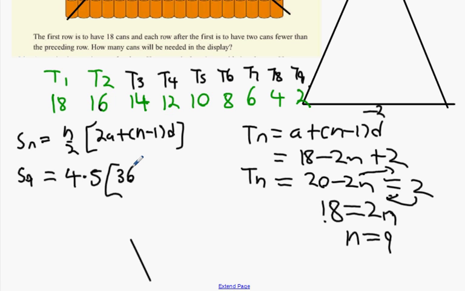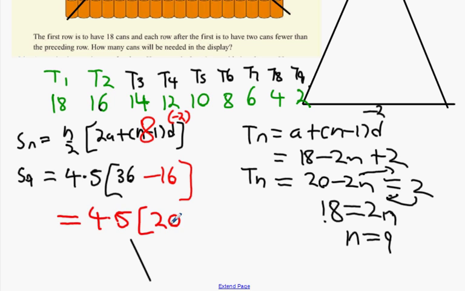What's n minus 1? n is 9, so n minus 1 is going to be 8. d is minus 2, so that makes minus 16. So 36 minus 16 is 20. What's 4.5 times 20? 4.5 times 20 is going to be 90 cans.